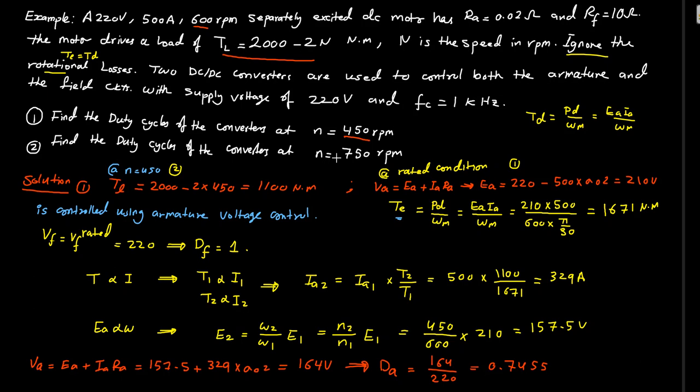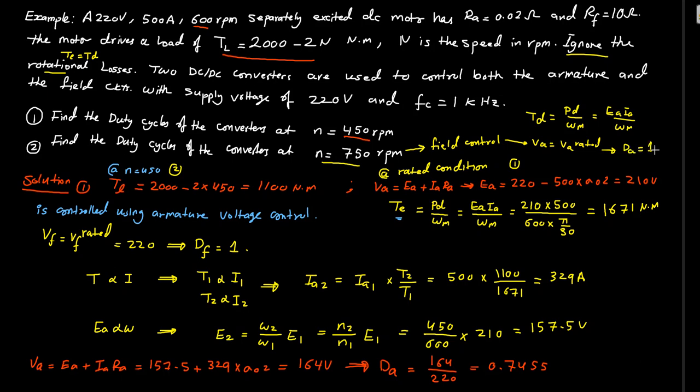So what about the second part? For the second part, we can notice that the speed is above the rated speed. So this means that we need to do the field control. If we're doing the field control, VA must be VA rated, and this gives us very good information: we can calculate dA, which is equal to 1.